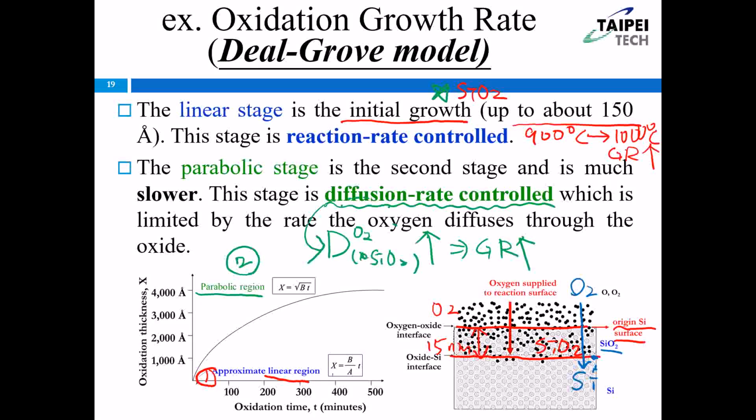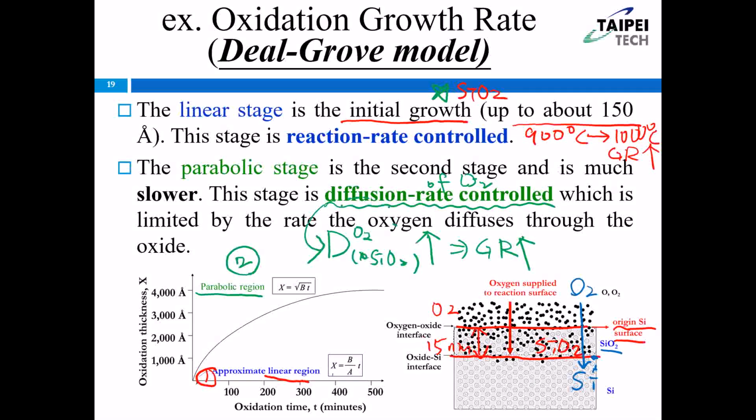This process is the diffusion rate control. The diffusion rate of the oxygen will control the growth rate of the silicon dioxide.